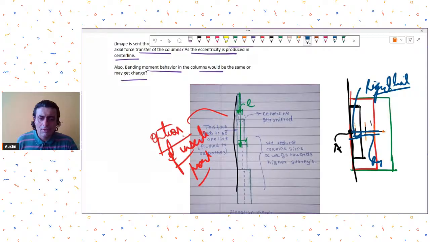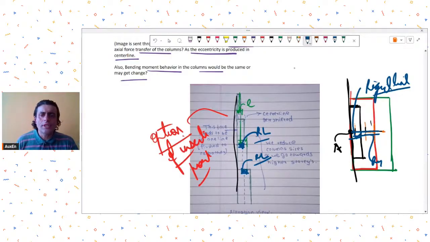In elevation view, it will look something like this: from this center to this center I have modeled a rigid link. Without showing any bending behavior, this rigid link will transfer the axial forces, and it will also transfer the effects of eccentricity of those axial forces to the columns below. So you can do this in the software.